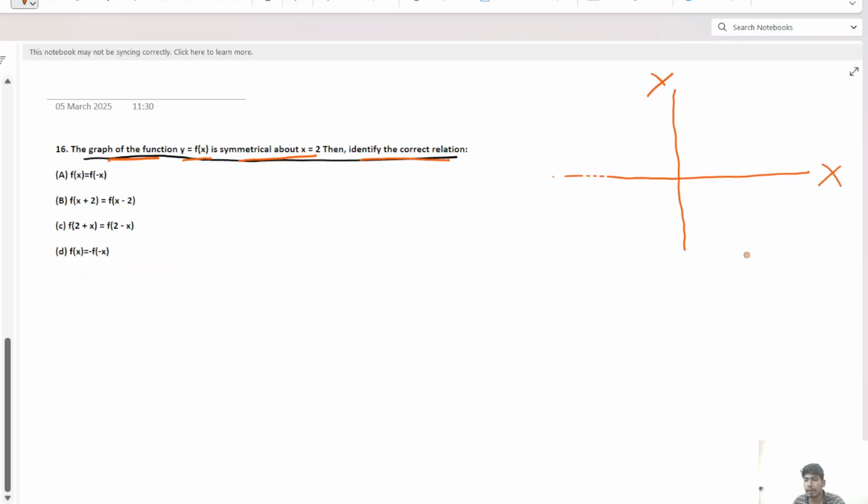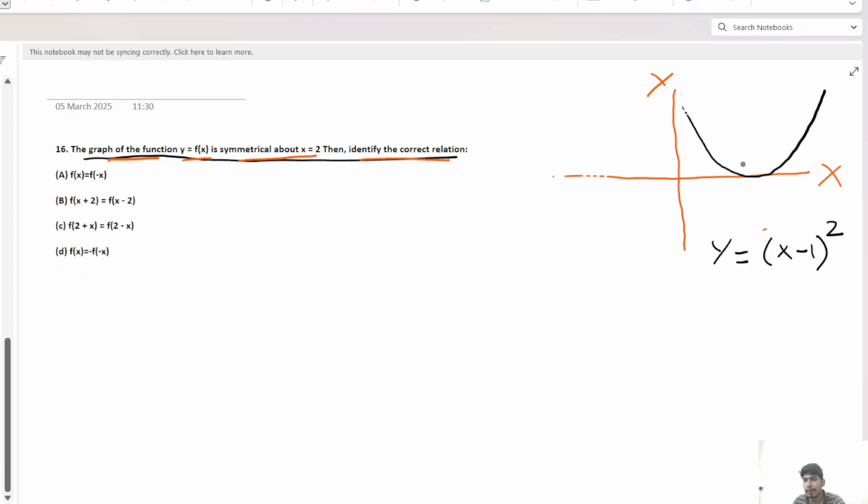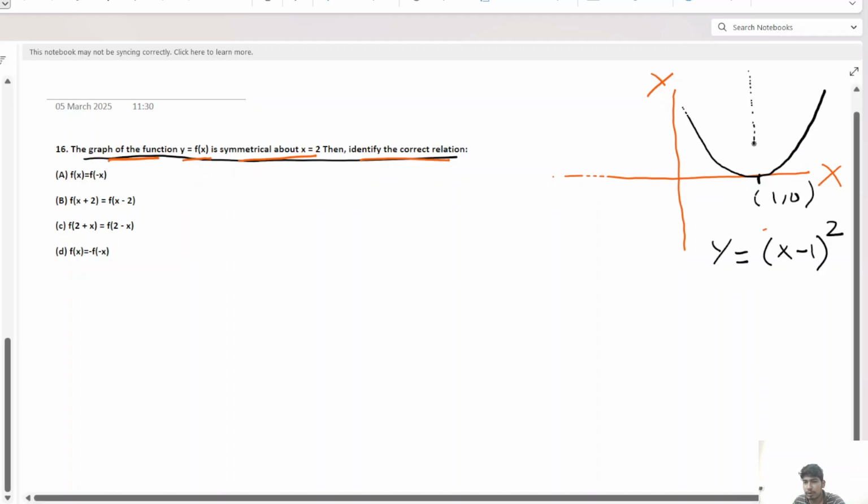Let this be a parabola. Our parabola is y is equal to (x minus 1) to the power 2. If we plot the graph, this vertex is 1, 0. And if we draw a straight line, this is x is equal to 1.